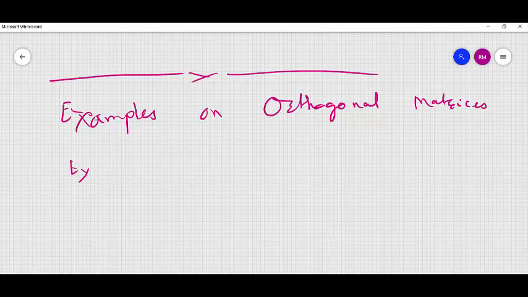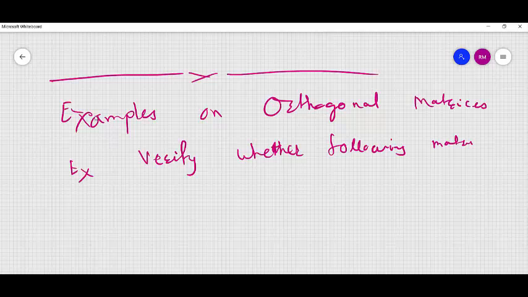First example, verify whether the following matrix is orthogonal or not.